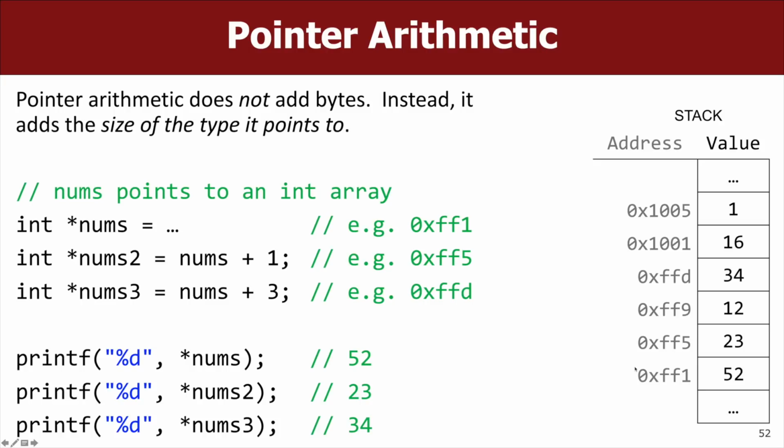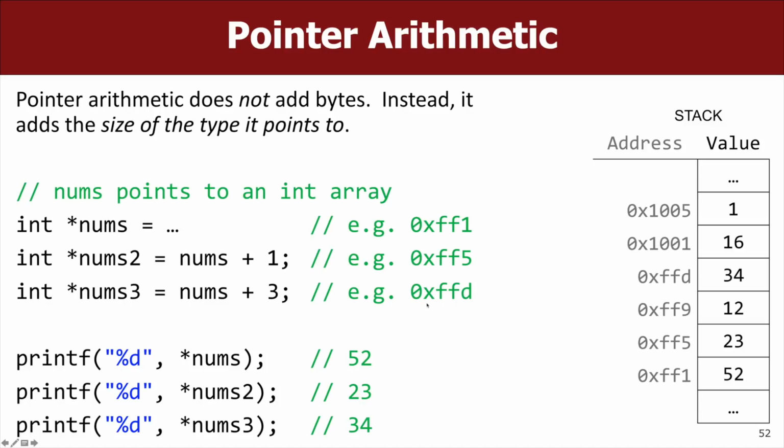Why is it ff5 instead of ff2? Well, it's because an int is 4 bytes big. And so ff1 stores 52. This 52 takes 4 bytes to store, and so the next int is stored 4 bytes away at 0xff5. So it's not always adding 1 byte, it's adding 1 place, which is equal to the size of the type it points to. Similarly, nums plus 3 is 3 places, 1, 2, 3, which is 0xffd. So C adds the size of the type that it points to when doing pointer arithmetic.